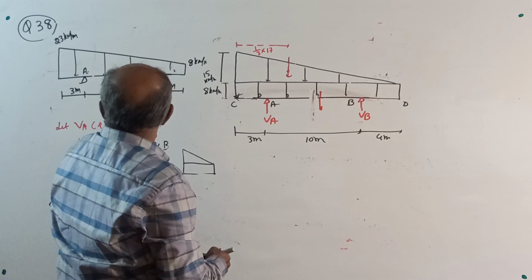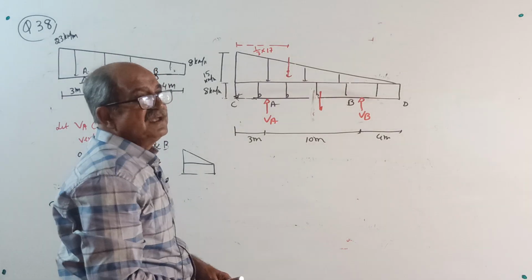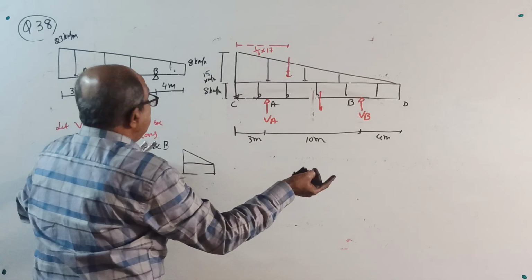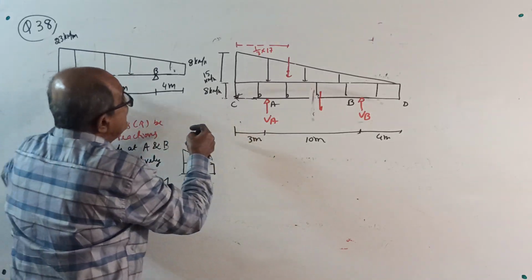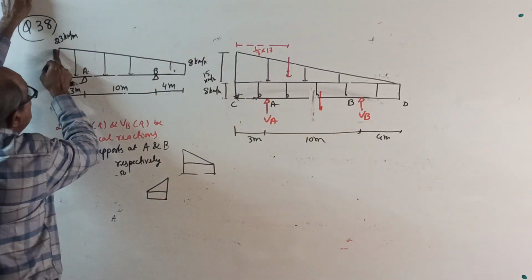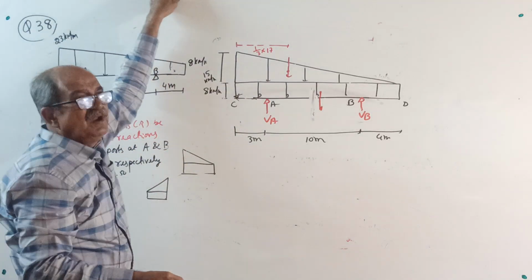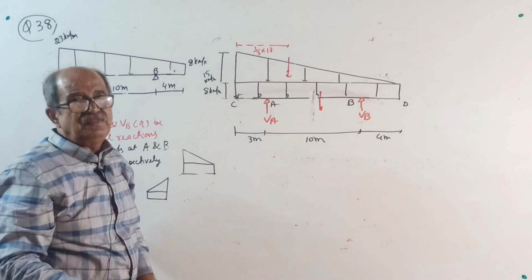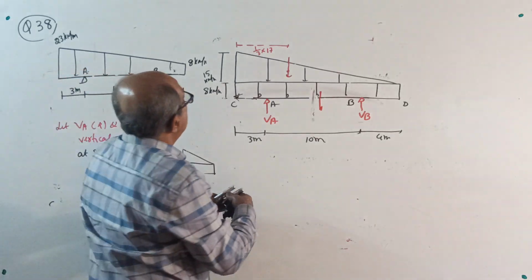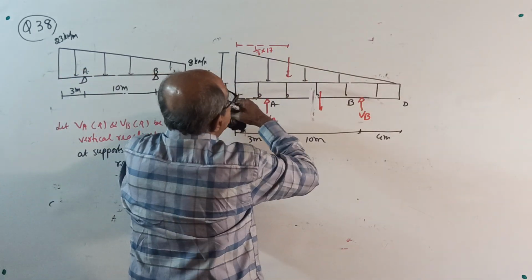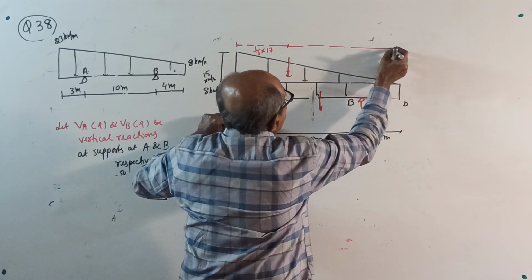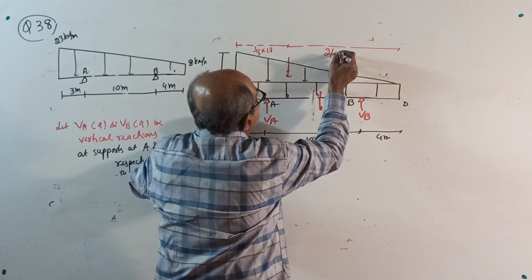I think I told 17/3 only. Okay, by chance a mistake is there. Earlier for trapezium, remember, this total length is 17. Total load equal to 23 plus 8 divided by 2 into 17. Change it. Okay, now 1/3 of 17. This will be from here, will be 2/3 of 17.